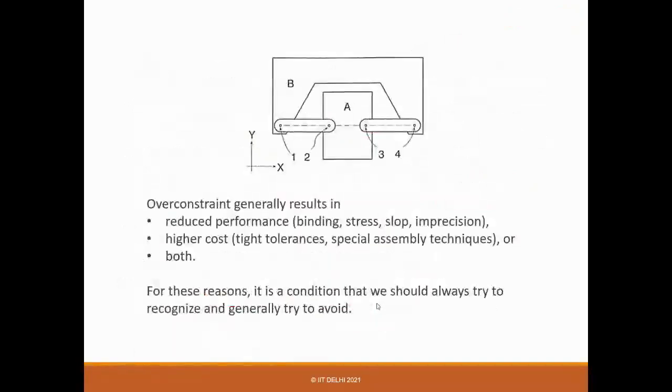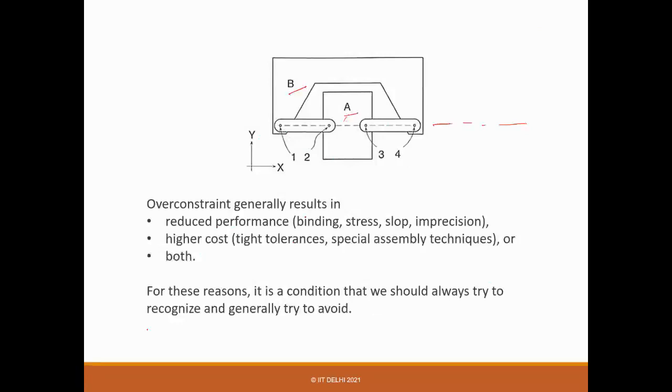So you can see one example here. There is an object A and B, and suppose they are constrained by these two links at points 1, 2, and 3, 4. But what happens here is they are along the same line, right? So what we are talking about is reduced performance and higher cost, or both.